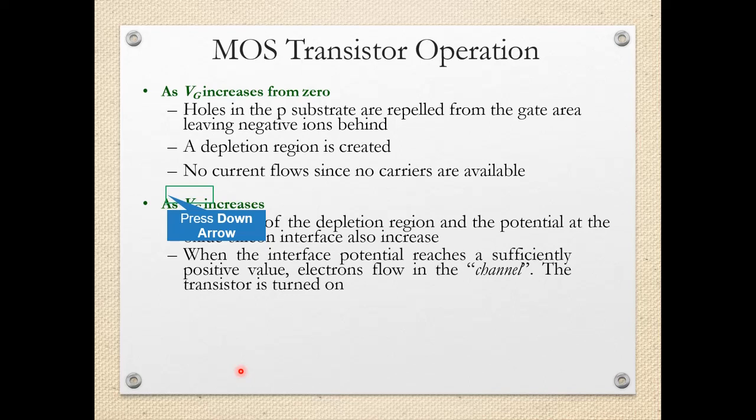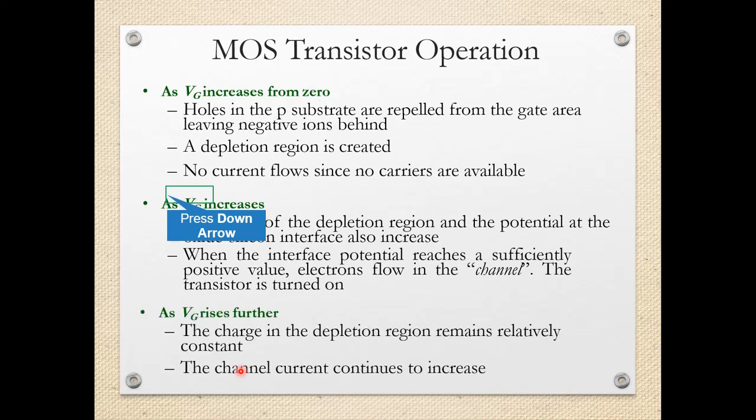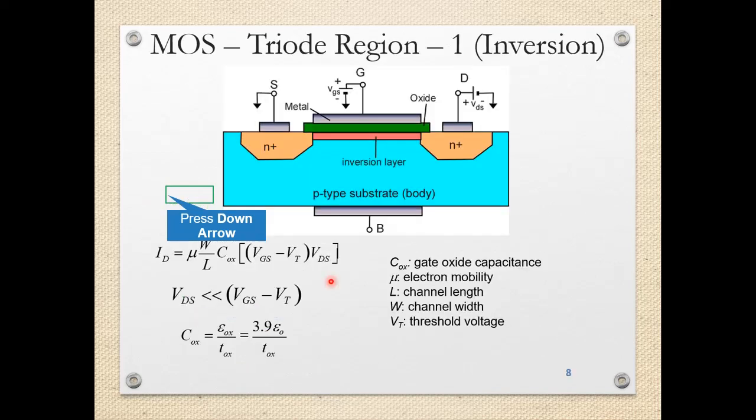So as we start increasing VG from 0 onwards, at a certain level of VG there is a formation of the electron channel, and then the current will start flowing and the device will become on. Now if VG is increased further, the charge in the depletion region remains relatively constant and the channel current continues to increase.